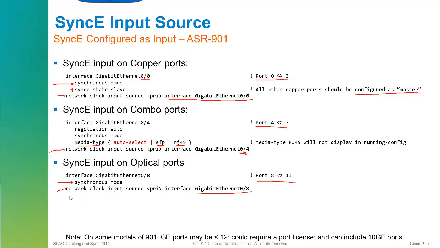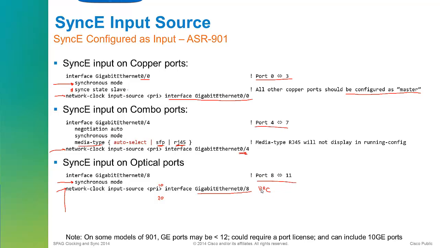What I didn't quite mention is you can have multiple of these network clock input sources. So you might have connections to 2. So you can put a priority 10 on this one, and you can put a priority 20 on the next one. And what it will do is it will select the highest priority as long as the quality levels are the same. Remember, we talked about QL levels. So if this is PRC, then it will select that one.